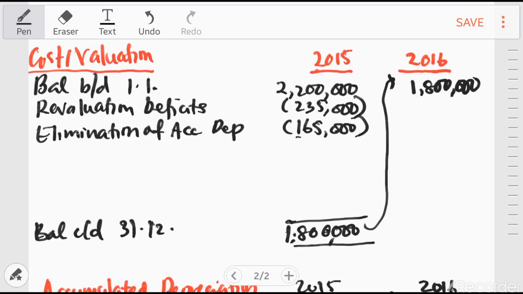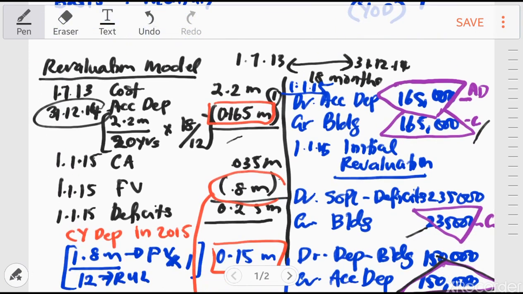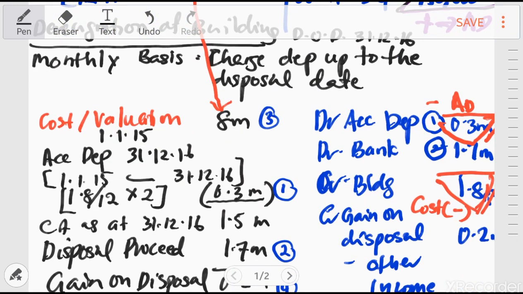So we have the derecognition. And remember, this derecognition is for this one. This one, yeah. The 1.8 for the item that you have for your number 3. This one, right?